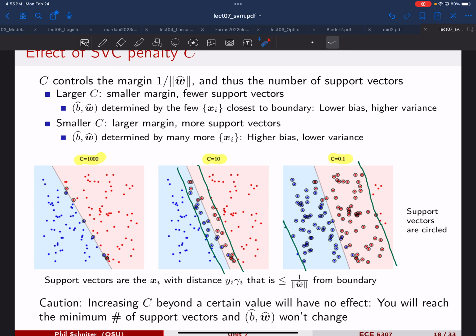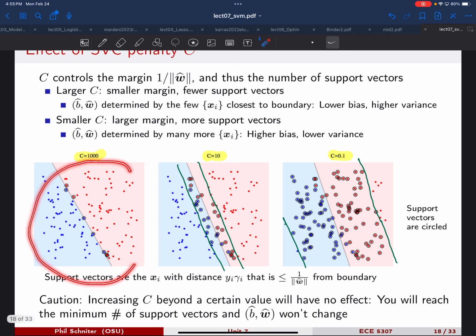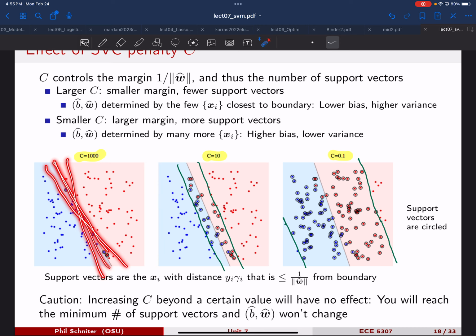If you imagine maybe having some random way of generating this data, and you do this experiment multiple times, you will see your boundary changing significantly every time you do it, because it's really just based on those few points there.